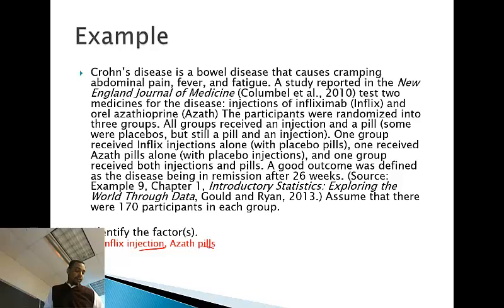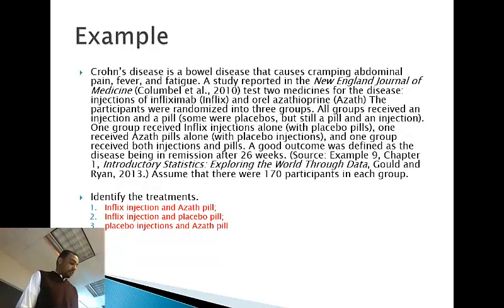The treatments, okay, I guess they didn't give anyone, it's kind of like the previous example. They didn't give anybody placebo injection and placebo pill, right? So they're basically saying we're going to do something with somebody. But yeah, those are just different combinations, different arrangements, if you will.